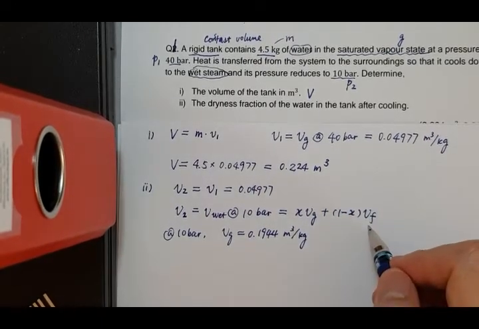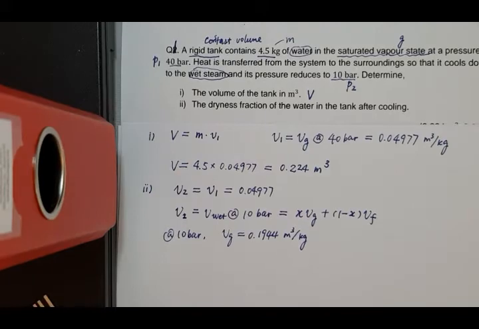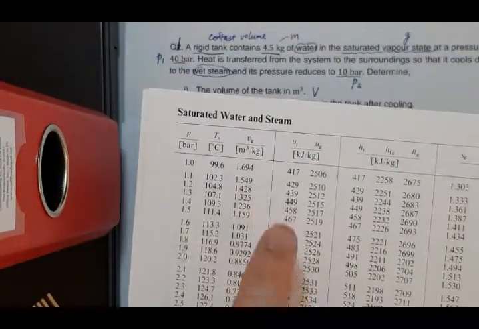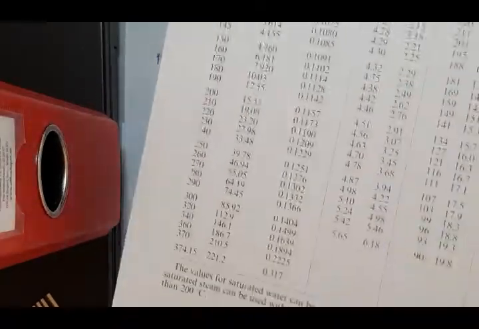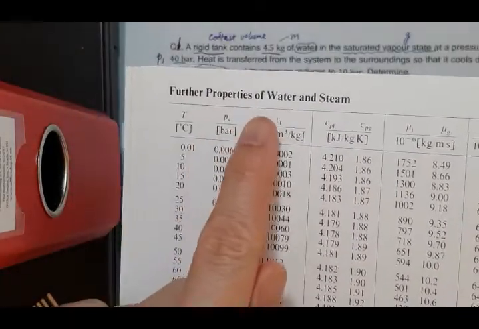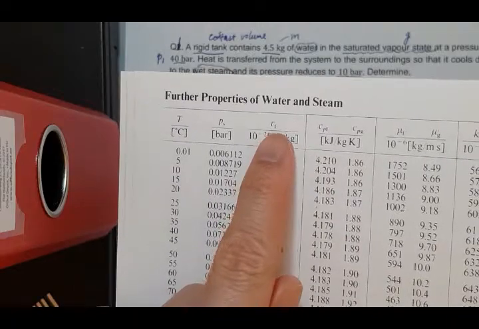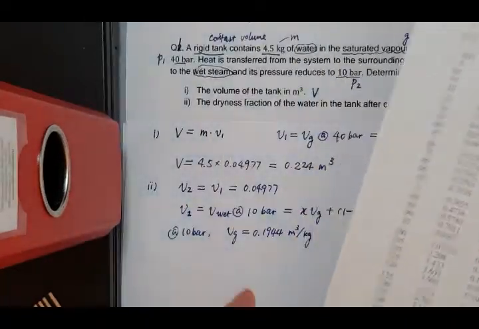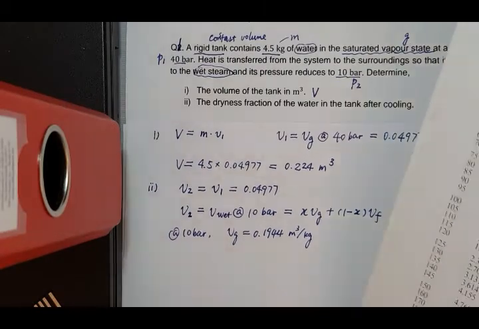And how about the Vf at 10 bar? As I mentioned a lot of times now, we can't find Vf here, it's only Vg there. Vf will only be found on page 10, called Further Properties of Water and Steam. So you can see there, Vf is there. We need to find the pressure of 10 bar.